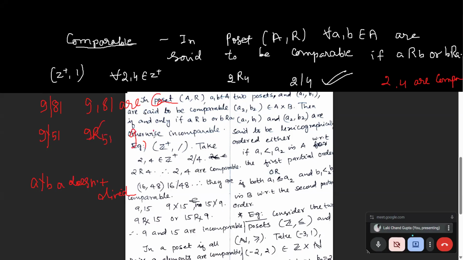So 9 and 15 are incomparable. Yes, you can note this. Comparable or incomparable: comparable means you have to choose those pairs which satisfy the given condition of relation.